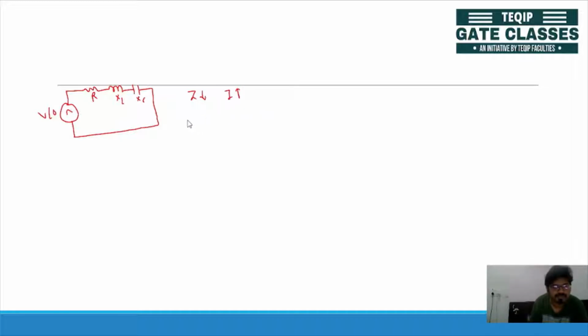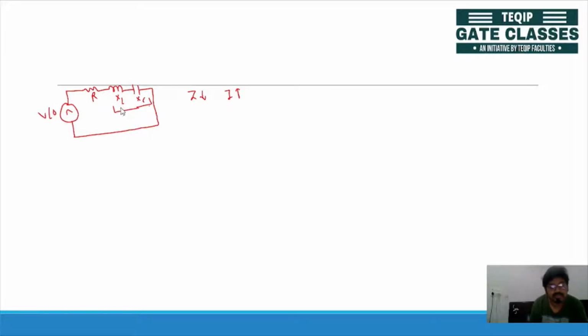We call this current maximum at this particular resonating condition, and at that time the voltage across the combination of XL and XC will be 0. It will be a short circuit, meaning VL and VC will be equal and VL minus VC will be 0. But the individual voltages across the inductor and capacitor, VL and VC, will be more than the source voltage.